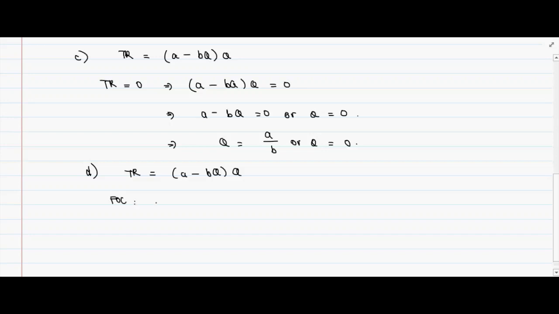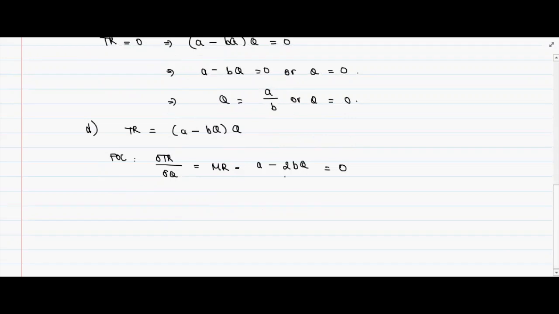If I differentiate the total revenue with respect to Q, this is basically the marginal revenue, which as we found earlier is equal to A minus 2BQ. I would like to set this equal to 0 because I want to find the stationary point, which is either the minimum or the maximum point.